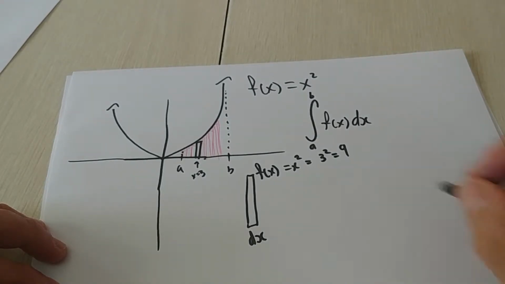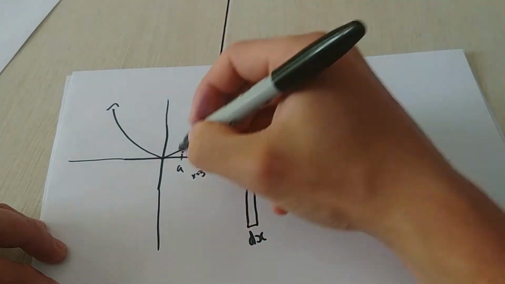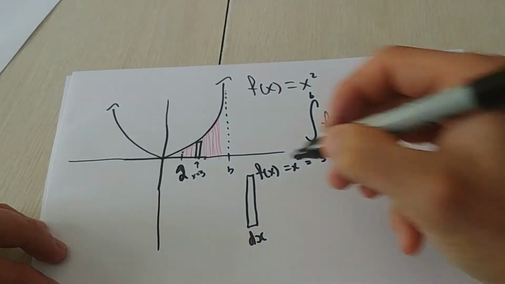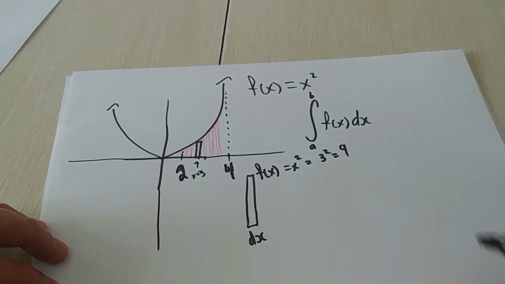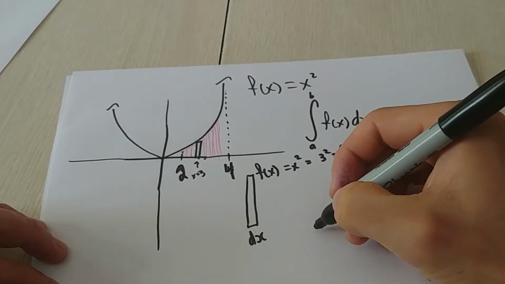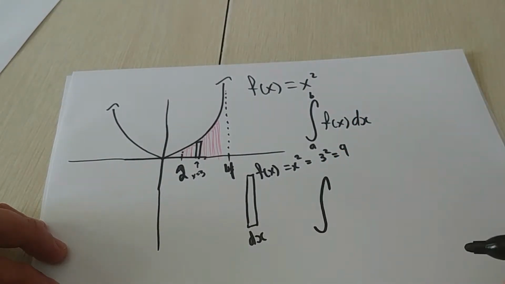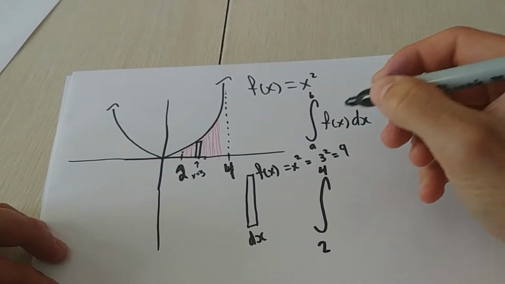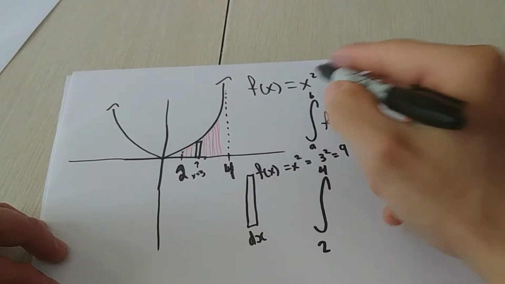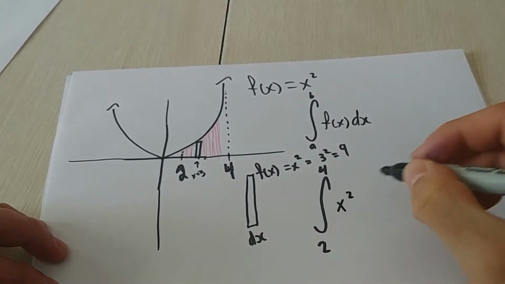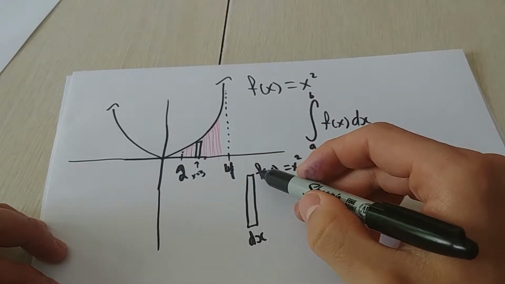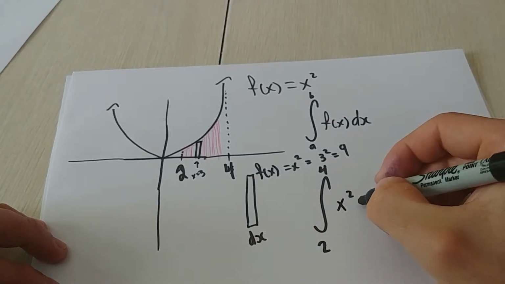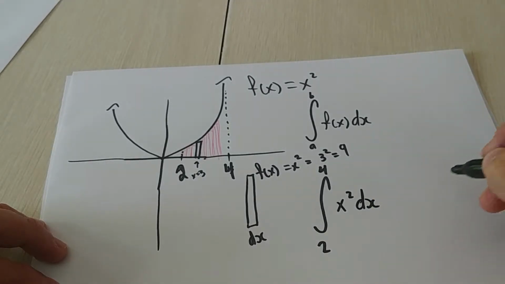Let's say this was 2 instead of a, and this was 4. So we would integrate from 2 to 4 of f of x. So f of x is just x squared. Because again, f of x is just the height of the rectangle multiplied by the width of the rectangle.